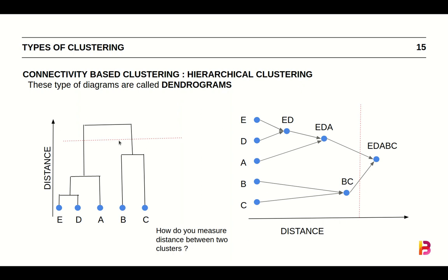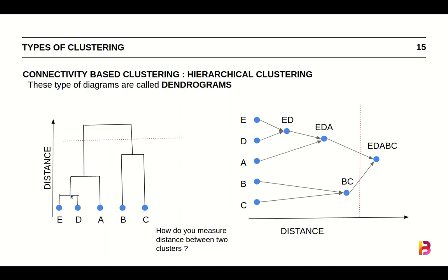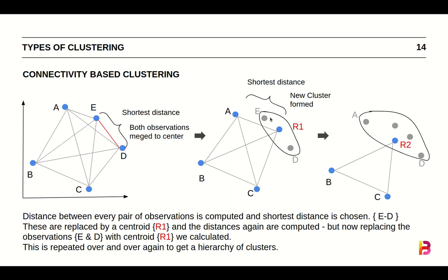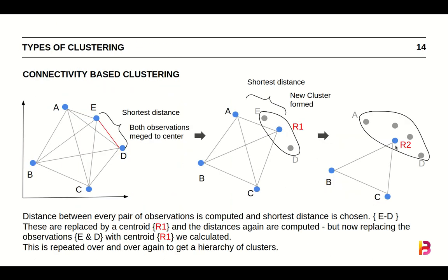If we represent that in a different way, think of it as these were our starting points. After a certain distance, E and D were clubbed together, and they became one point. And then after that, A was combined with them. And perhaps if we had gone further with this, B and C would have formed the next cloud.